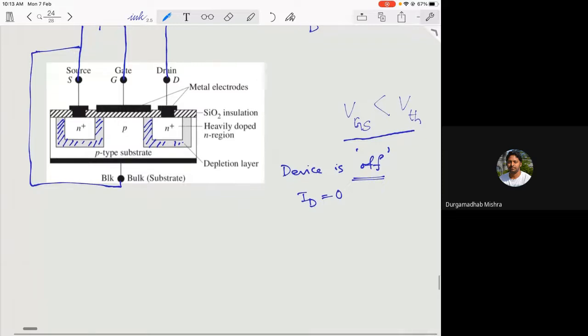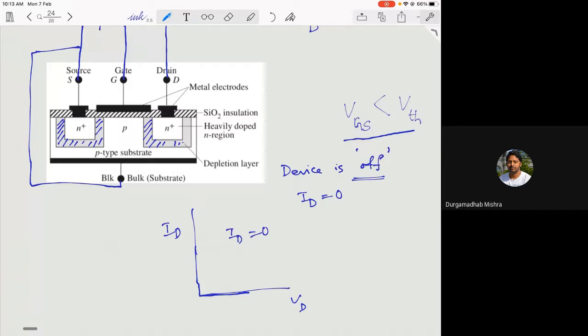So that means if I plot ID versus VDS below the threshold voltage, there will be no current. It will be basically 0, always 0. So ID is equal to 0. So this is your device in the off state.